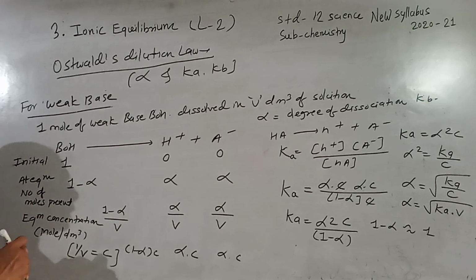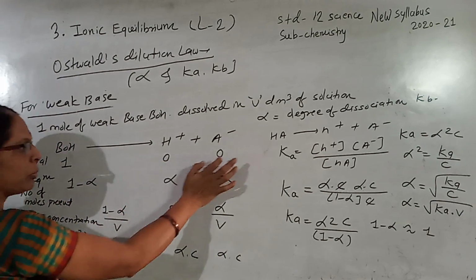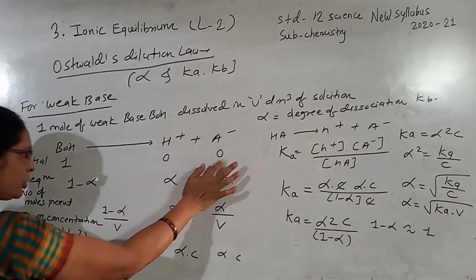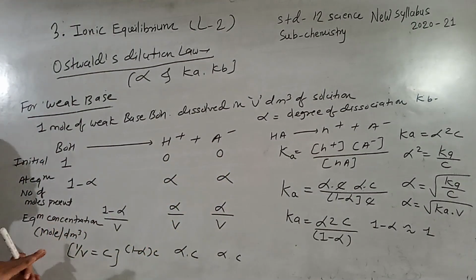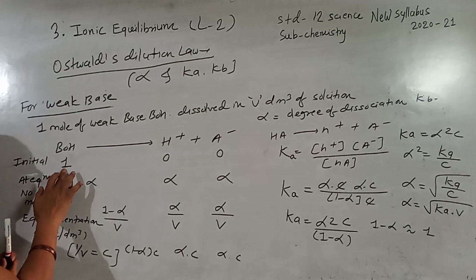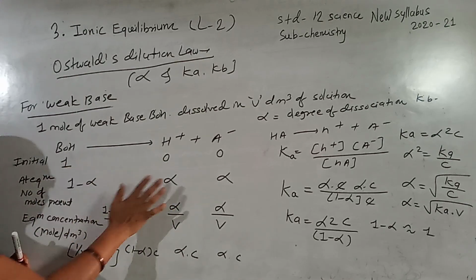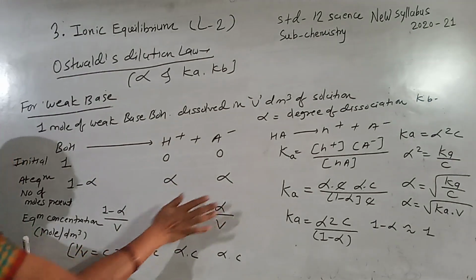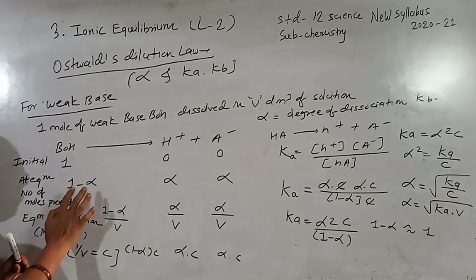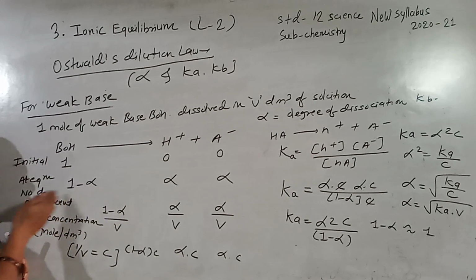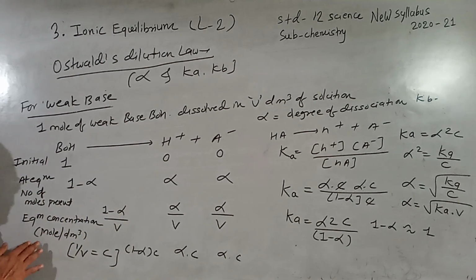As only the reactant is present initially, the number of moles of the products is 0, 0. When the equilibrium is attained, out of the 1 mole, alpha is the degree of dissociation. So it indicates that alpha is the number of moles of BOH which are dissociated, and 1 minus alpha remain undissociated. At equilibrium we can find the equilibrium concentration in mole per dm cube.